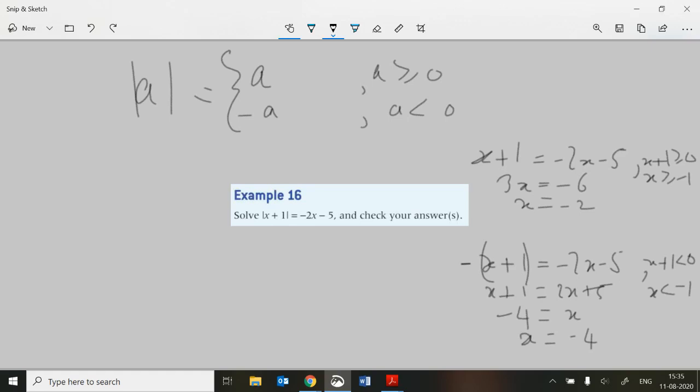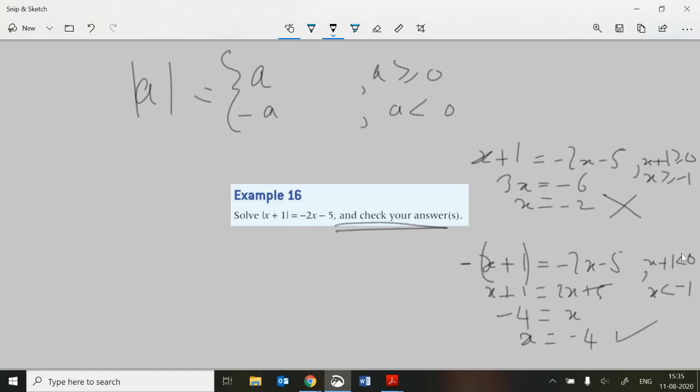That is not true in this case, so this cannot be a solution. There is a conflict between those two statements. In the other one, x is minus 4, and we're told that x is less than minus 1. So yes, that one is working.